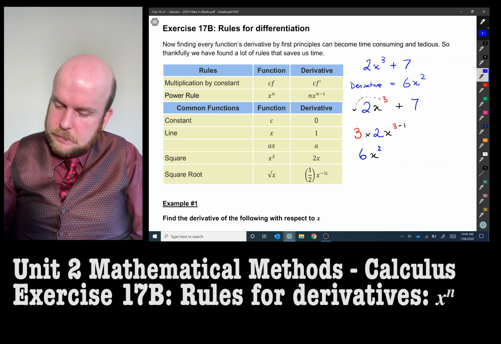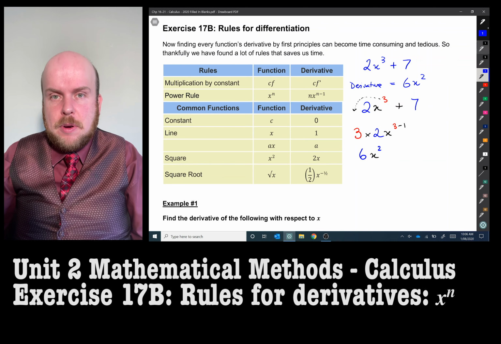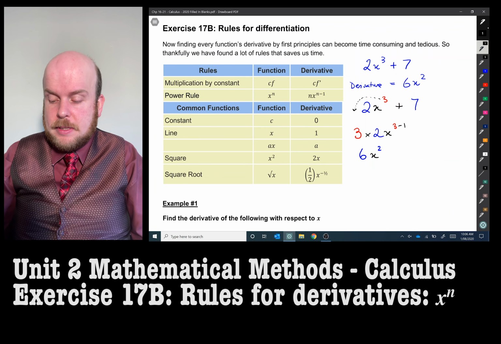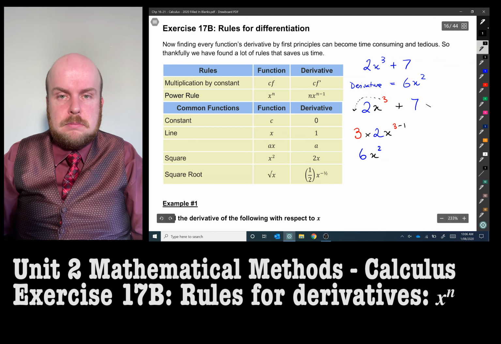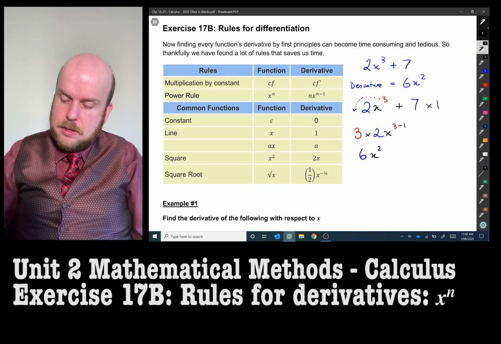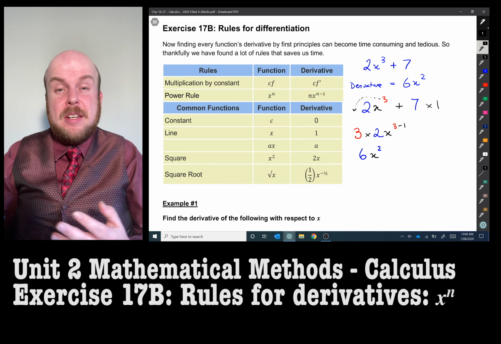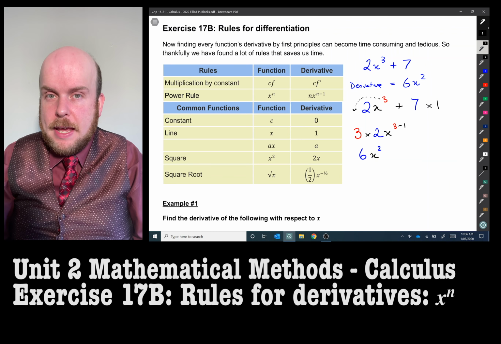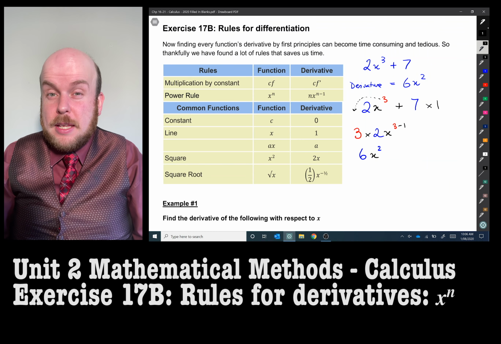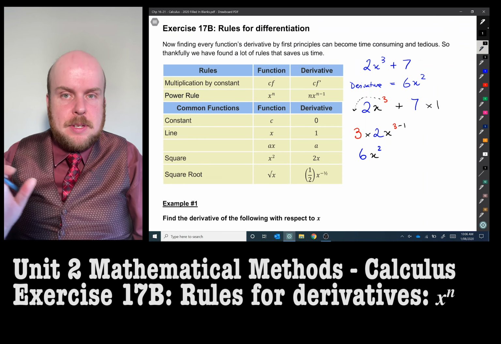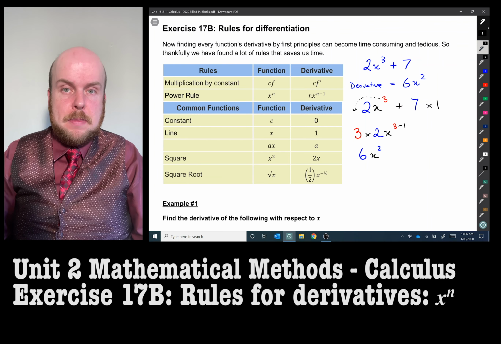Well, what about if I rewrote it slightly? I know that 7 is the same as saying 7 times 1. That makes sense. So is there another way that I can express the number 1, especially in terms of x? Well, is there any power that if I made x to the power of something, will it be equal to 1? Yes.